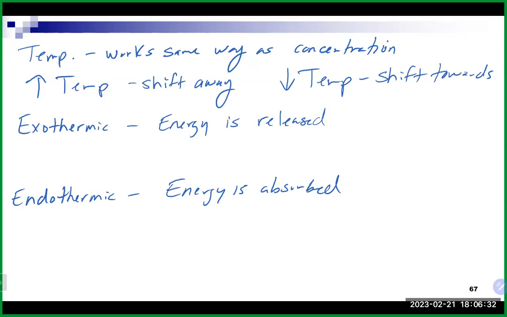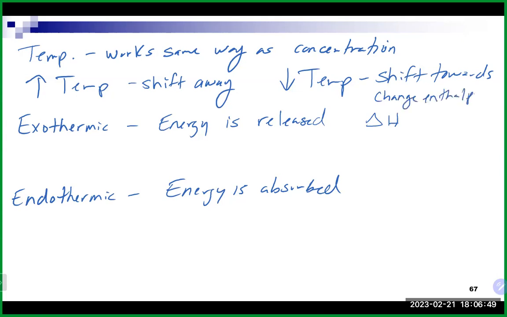There are two ways that energy is basically displayed in a chemical equation or reaction, and most of the time it's displayed as a delta H value. Delta H is the change in enthalpy.